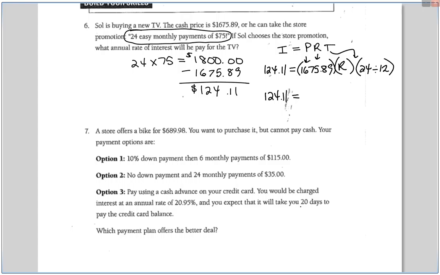Right now it is alone. There isn't anything else on this formula. So let's just figure out what the number is beside R. 1675.89 times 24 divided by 12 is 3351.78 times R. Do you guys know how to solve for R?